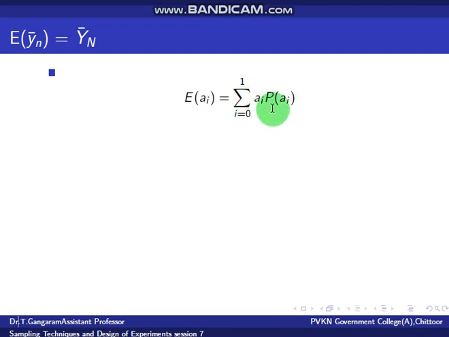Here a is the random variable, so summation a into probability of a. Since a takes only two values, 1 and 0, we sum over the range: 1 into probability plus 0 into probability.